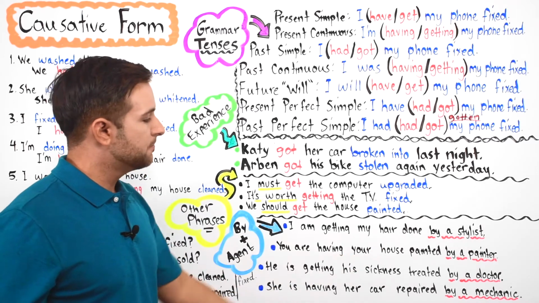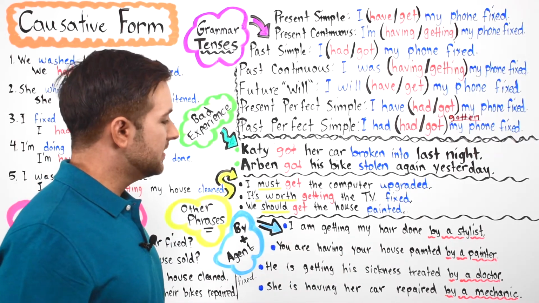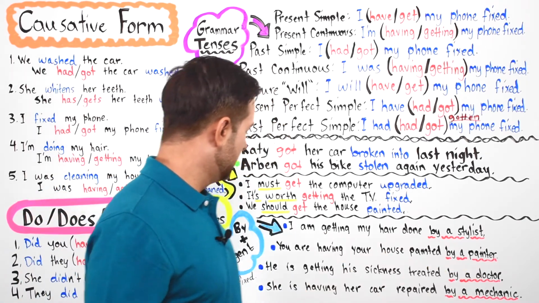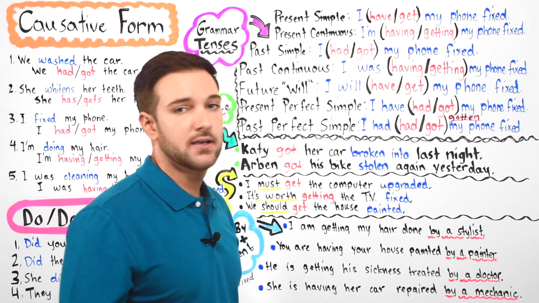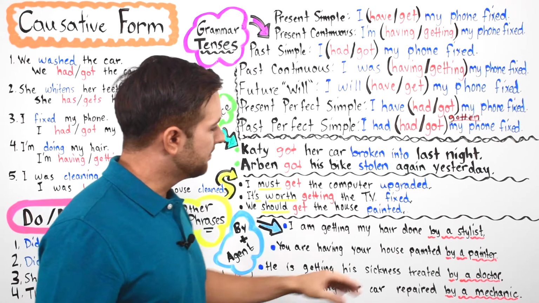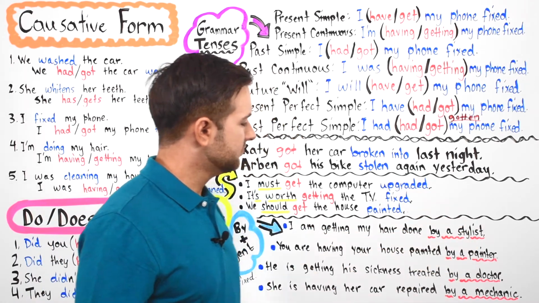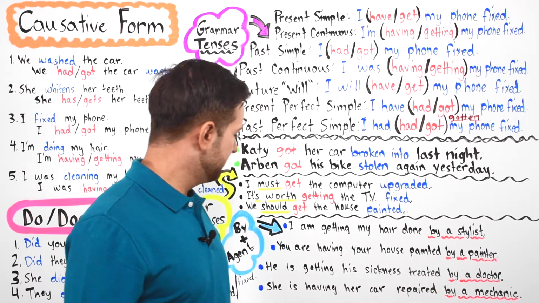You are having your house painted by a painter. He is getting his sickness treated by a doctor. She is having her car repaired by a mechanic. These are the people, the agents, that perform the action. Not you, okay? These are the agents, all right?